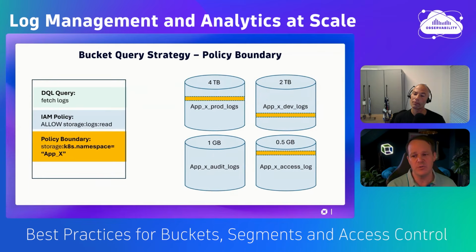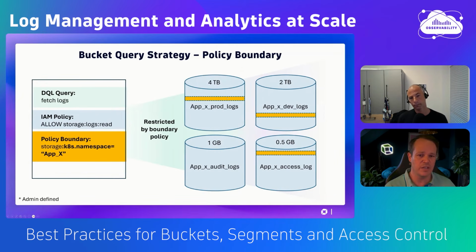The policy boundary allows you to define, again, this storage.k8s.namespace, in our case AppX, but to define that this applies to all of the buckets. Now you see the orange color coding here. We've got some AppX prod logs, dev logs, and access logs, but in audit logs there is actually nothing, so it just won't find anything in there.